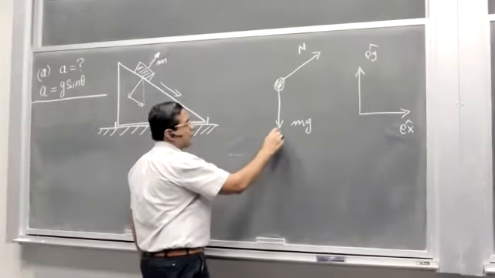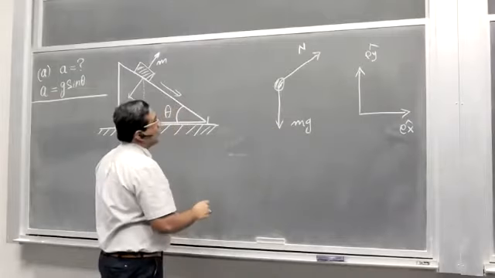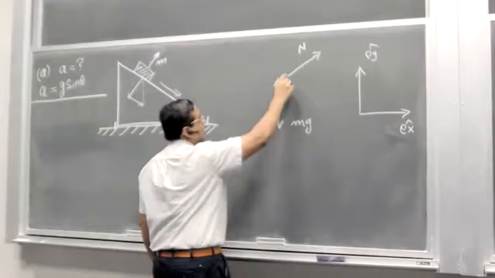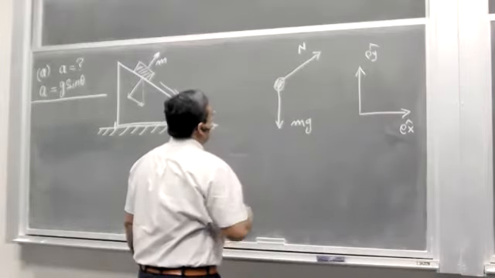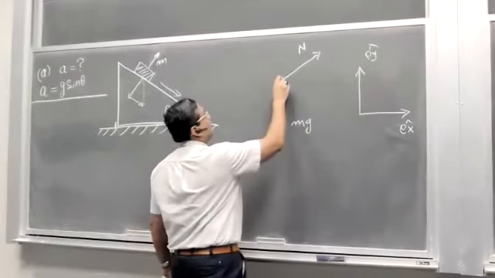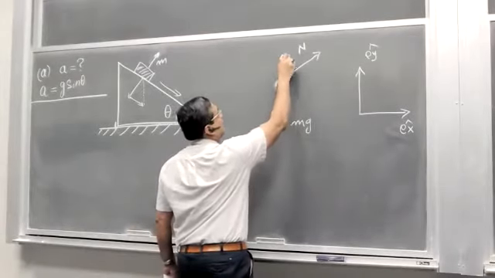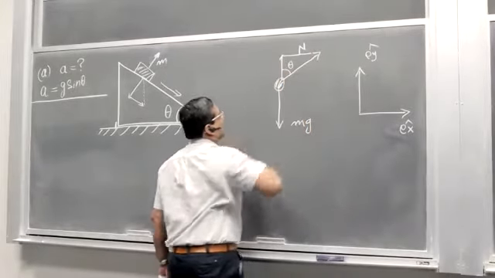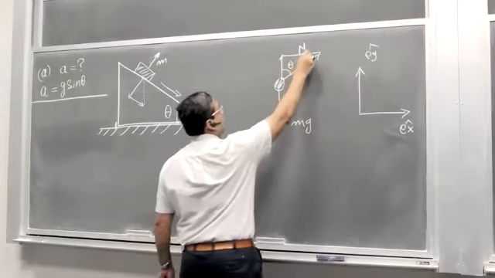So what you have is weight in the negative direction, and you can resolve the normal force. I think the only care that you have to give is that it makes an angle theta with the vertical like this, and then you can resolve the normal force.